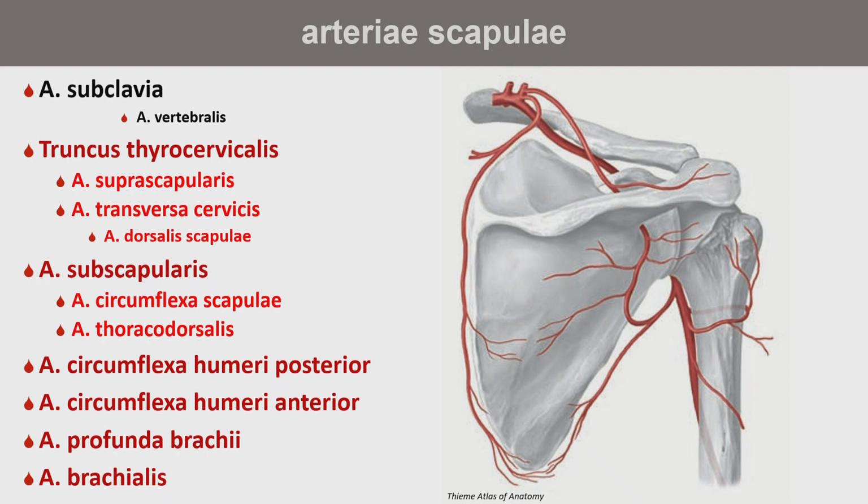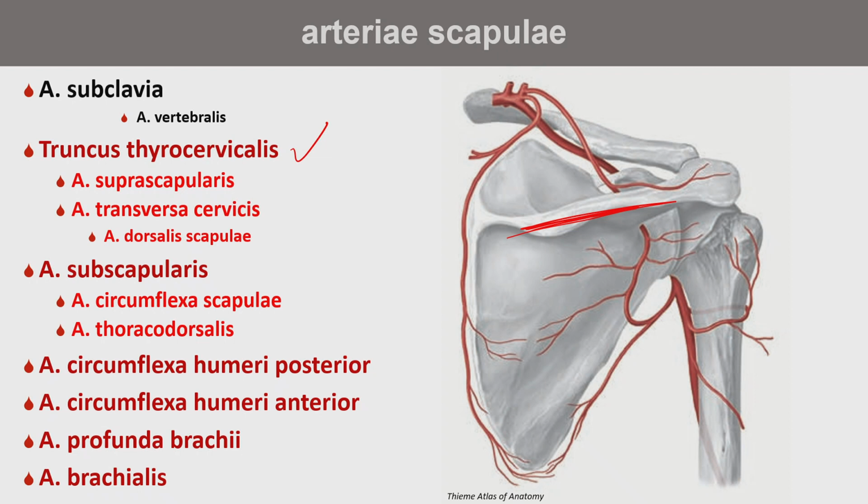I have said that we have a complicated circulation around the shoulder girdle, but it is important that here we can also observe some potential collateral circulation because those arteries are connected. This is a view from the posterior part. You can see here the spina scapulae, this ridge, which is dorsal. Here we have arteries going first from the thyrocervical trunk, where we have two arteries.